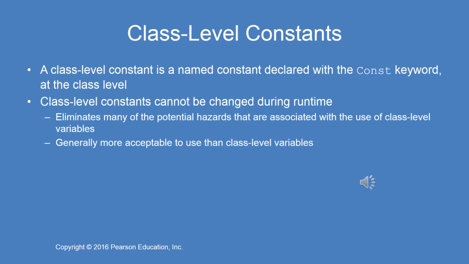I used to know it out to about 20 decimal places when I was a younger nerd. But anyway, pi is never going to change. So you declare it with the Const keyword at the class level. And those constants, class level constants, cannot be changed during runtime.